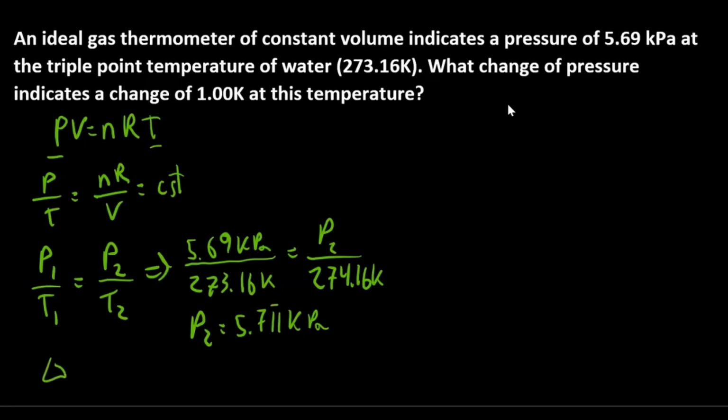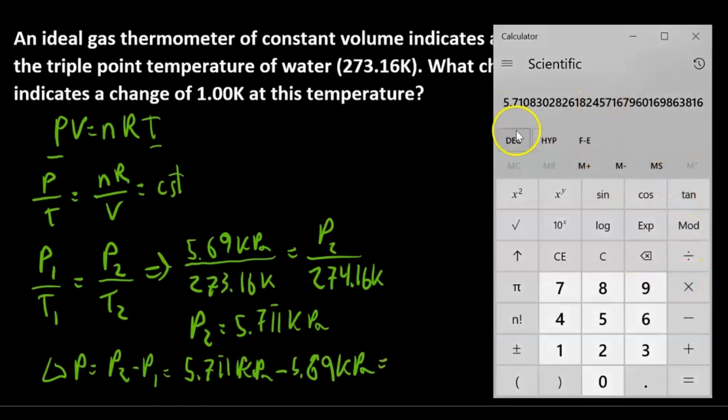And so the change of pressure is equal to, of course, P2 minus P1, which is 5.711 kilopascals minus 5.69, whoops, not 96, not 69, almost did it again, kilopascals. 5.711 minus 5.69 is 0.021.